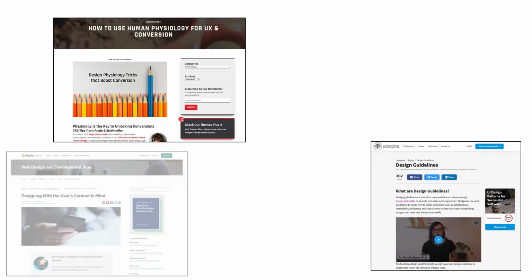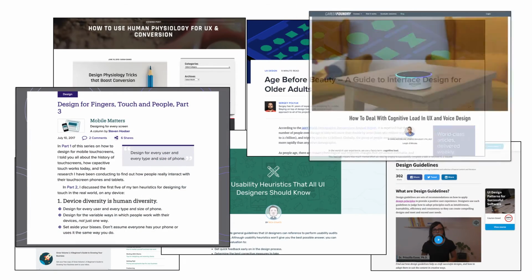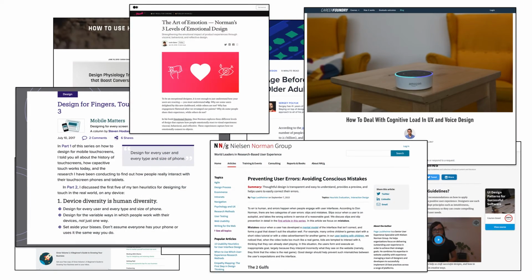By now, you've read a lot of articles that cover various principles, guidelines, advice, suggestions, heuristics, tips, tricks, hints, and ideas to improve user interface design or user experience, or is it interaction design?